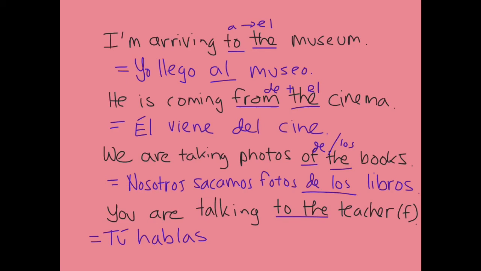Tú hablas. And then we need a personal a, because we're talking to a person. And the teacher's female in this case, so it's going to be la for the. These two do not combine. So a la maestra. No contraction here, since we do not have a next to el.